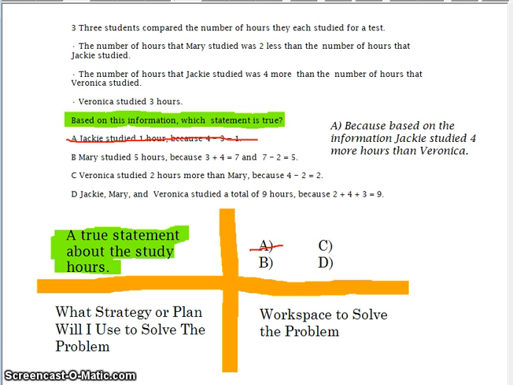Because in the second point it says the number of hours that Jackie studied was 4 more than the number of hours that Veronica studied. So Jackie couldn't have studied only 1 hour because she studied 4 more hours than Veronica. We're going to strike out A because we know that cannot be one of our answer choices.